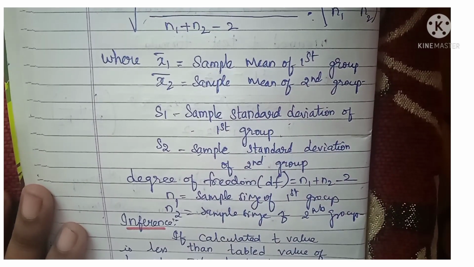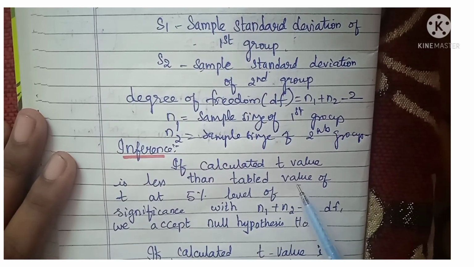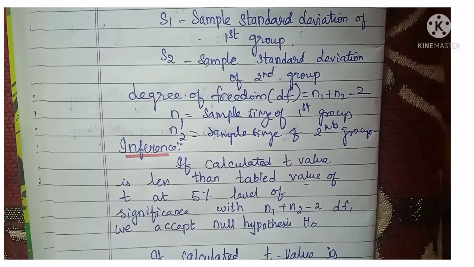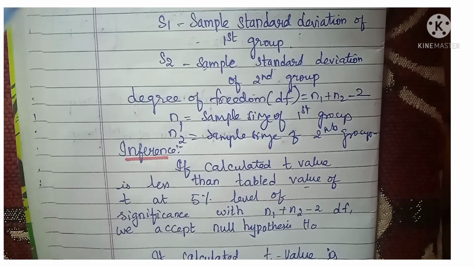Okay. Next, moving on to the inference. If the calculated t value is less than the table value, you will be having the table reference t value. So using this formula with the given data, you find some answer in sums.